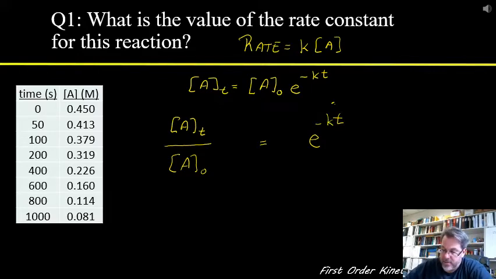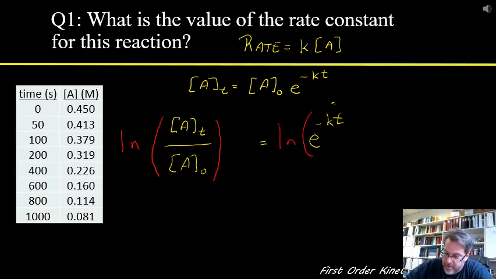And then, as we did previously, in order to get k all by itself, we can take the natural log. But if we take the natural log of the right side, we also have to take the log of the left side. So we take the log of that and the log of that.